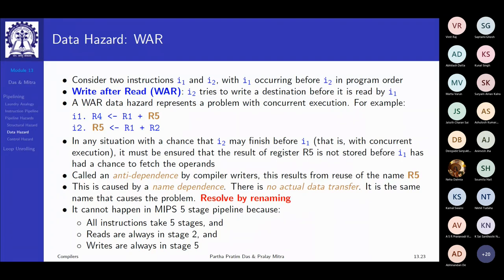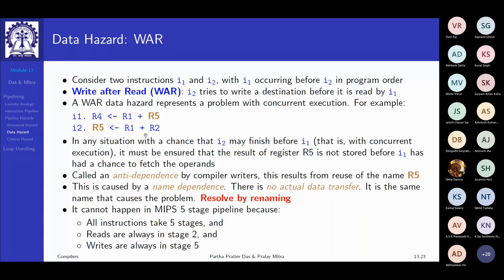So in simple terms, you can solve this problem by calling R5 as something else, R6. Right? You can use some other register. You would recall that when we were doing Chaitin's algorithm for graph coloring, we did add constraints saying that, well, Z cannot be allocated to R1, something like that.